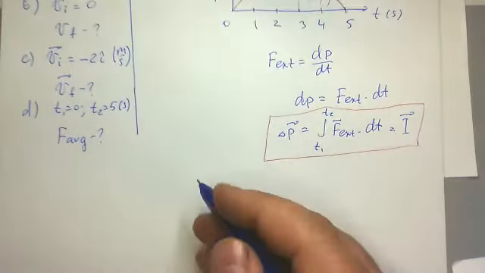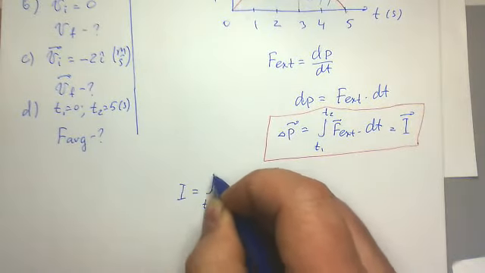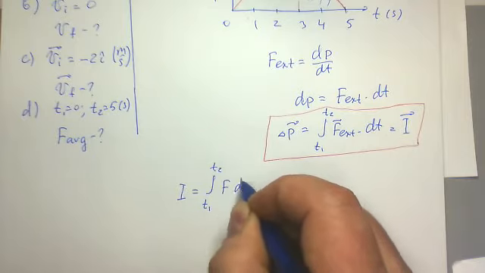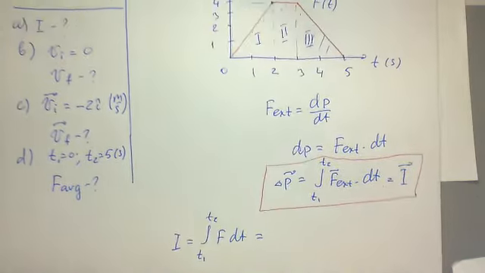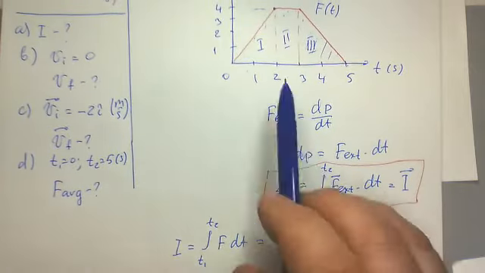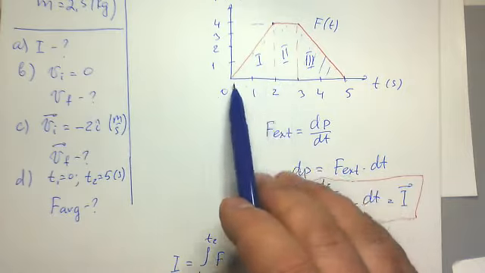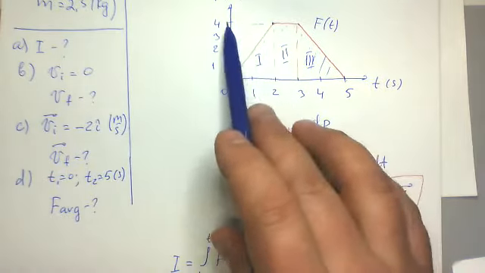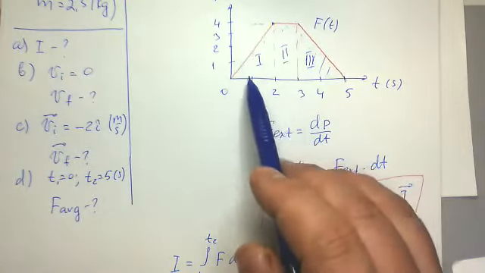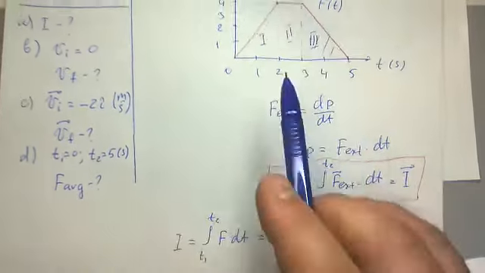Now relative to our problem, the integral of F dt from t1 to t2 equals the area. Look at the length of this side of the triangle, look at the length through the graph, this is equal to 4, and then multiply them and take 1/2, and that would be the area of the triangle.